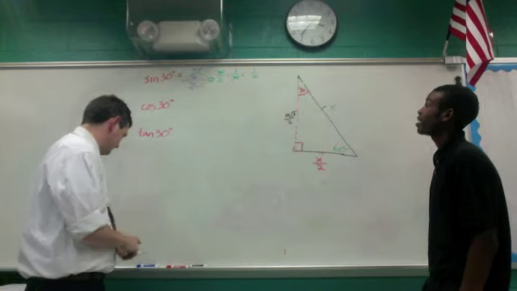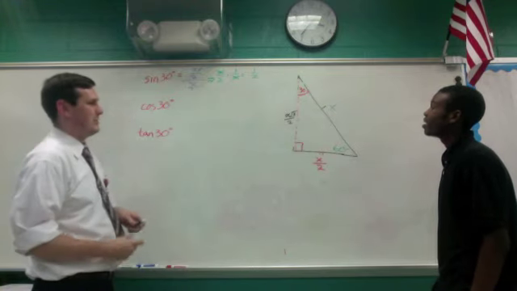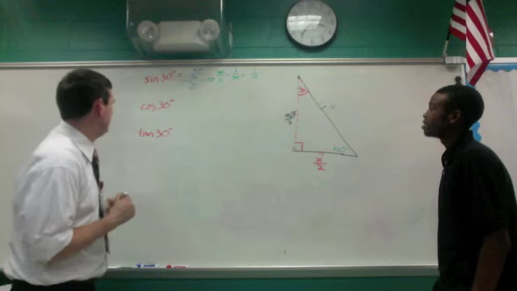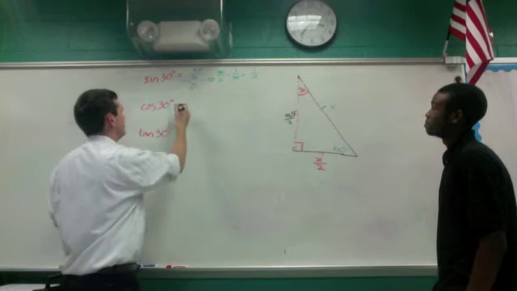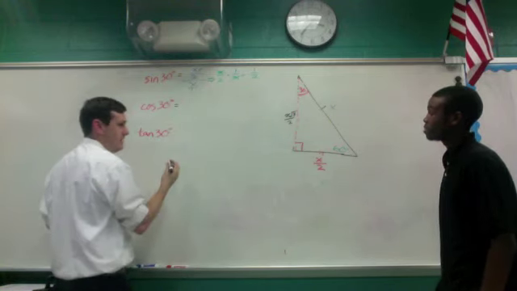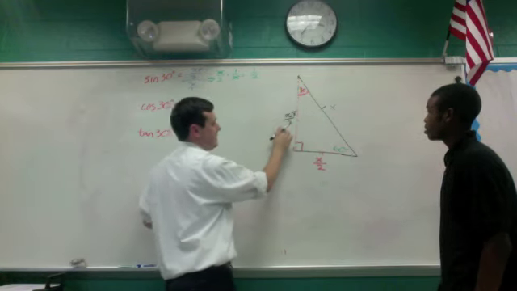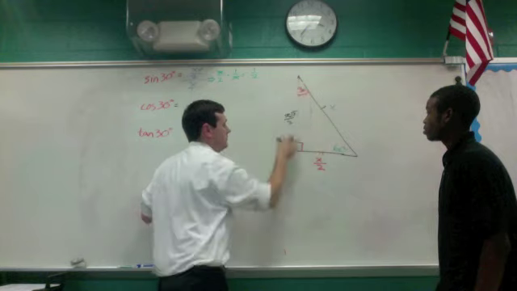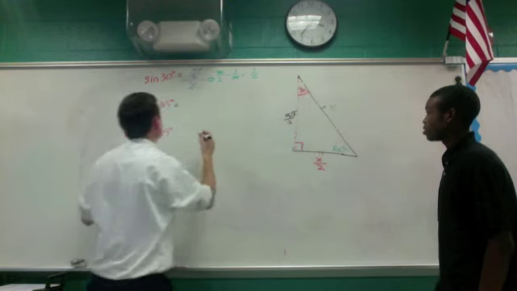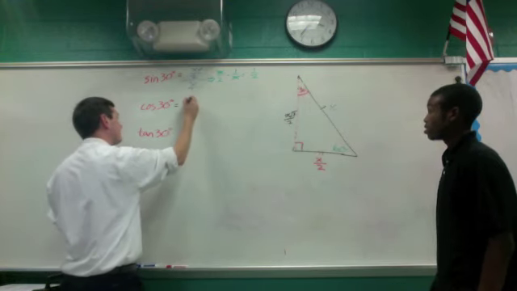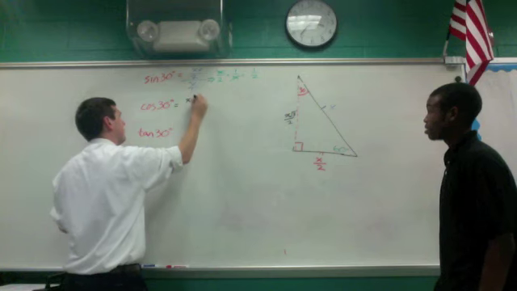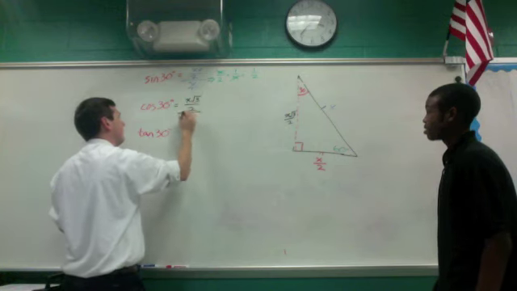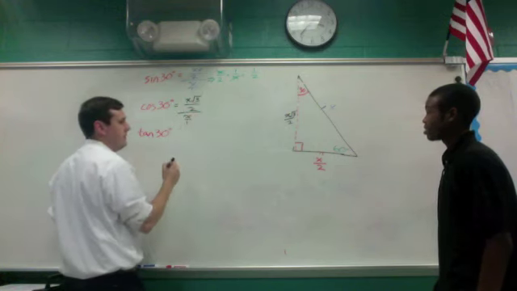Okay, I get that. Cosine of 30 degrees, this is where it gets a little harder, is the adjacent over the hypotenuse. So in this case, it's x root 3 over 2 over x, over x over 1, right?